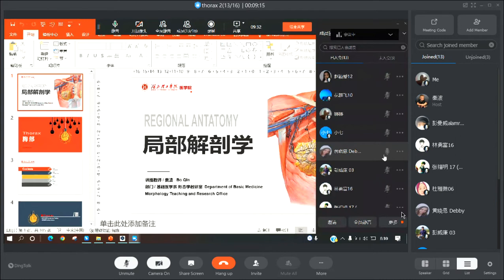Okay, please tell me, the fourth layer of our body, what is its name? Muscle. Yes, muscle. And the second layer, what is its name?